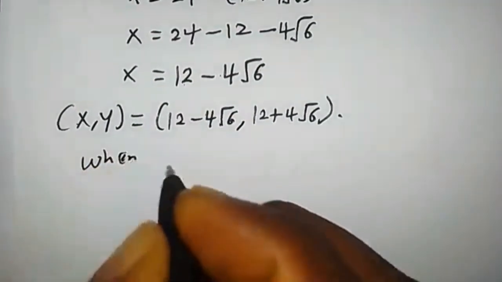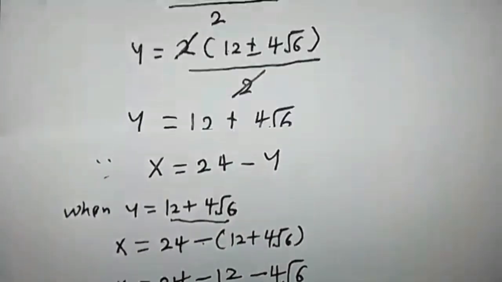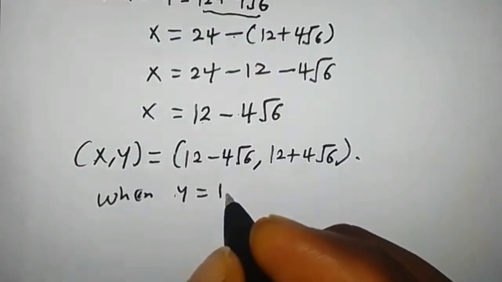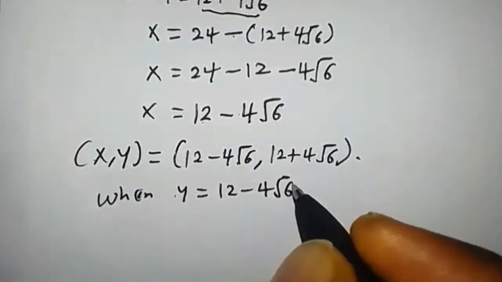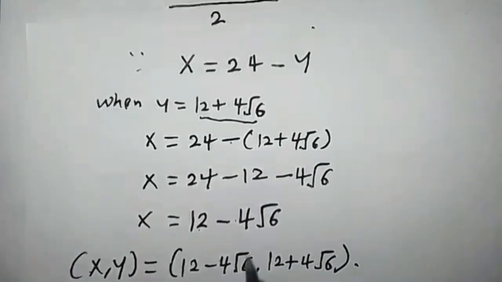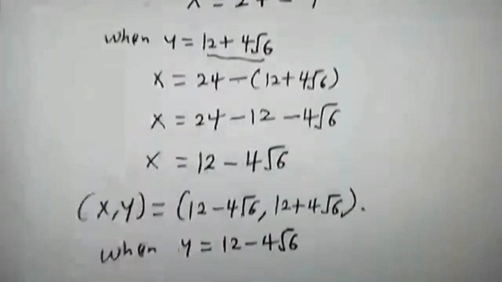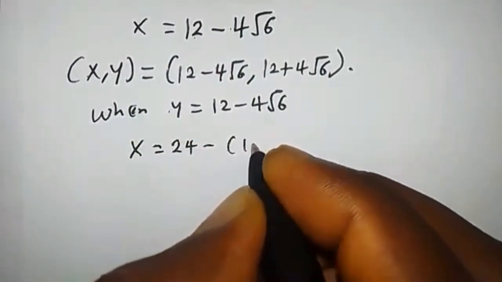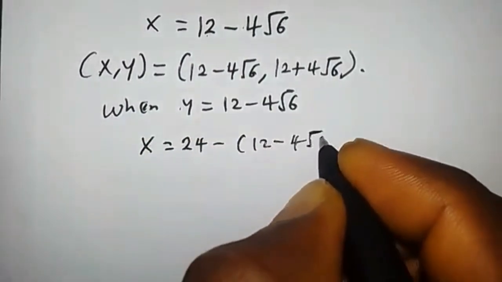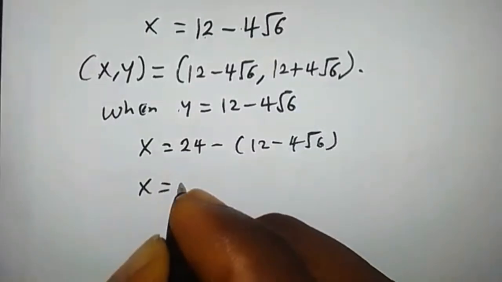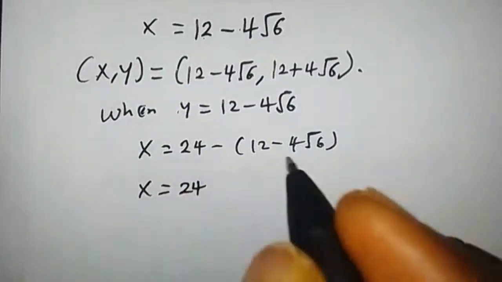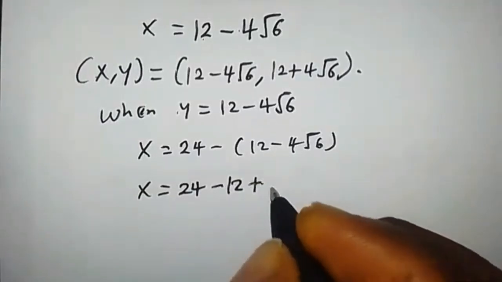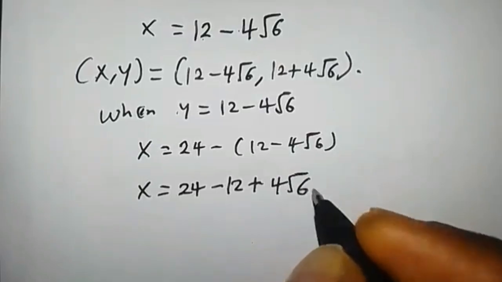When y is equals to 12 minus 4 root 6, plugging this value of y here also, to obtain the value of x, we have x equal to 24 minus 12 minus 4 root 6. X equal to 24 minus times 12, minus 12. Minus times minus, that is plus 4 root 6.